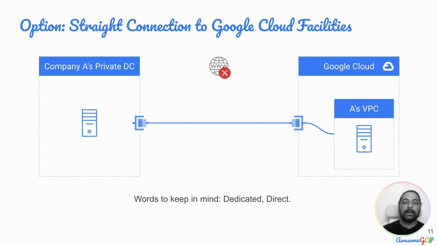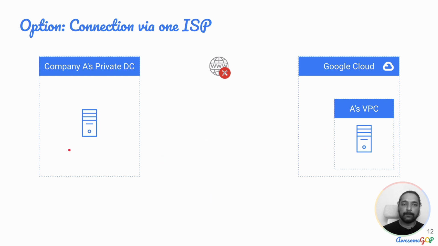It would be required that these two become close in proximity, right? Geographically, these can't be spread over extremely long distances because it will be difficult to get that kind of networking. So in this case, there are two words you can keep in mind. Because it is a direct connection or a dedicated connection, those are words that will come up with respect to this kind of a single line, right, between these two data centers. So keep that in mind about dedicated and direct, and it will also require these to be in close proximity.